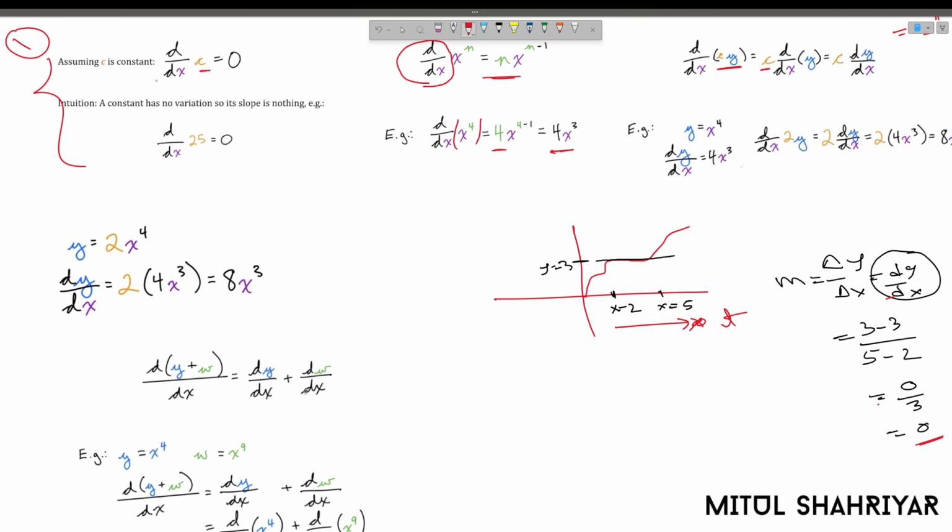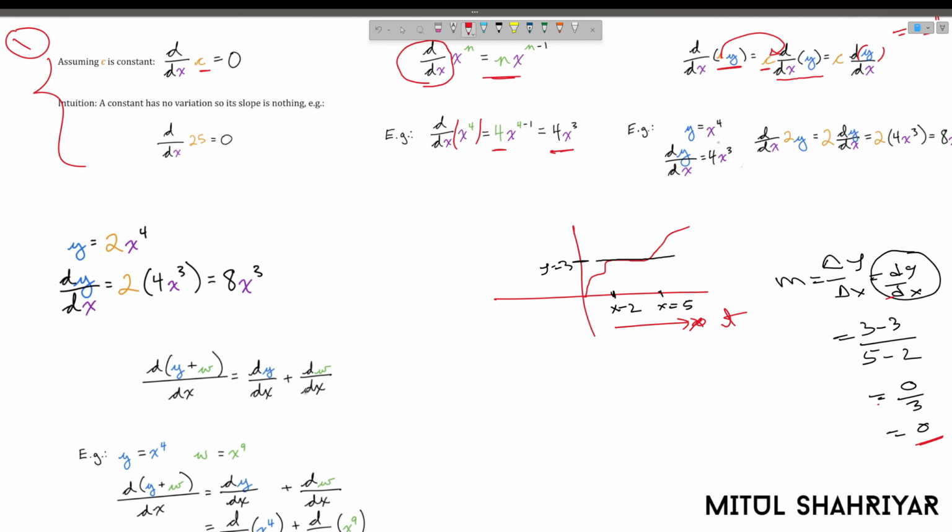Earlier we had to do the differentiation on the constant, so it was 0, but this time the constant will come up here and be multiplied with this. Now the differentiation is done only on the y. So it is c dy by dx, that's it. This c came before the dy by dx.